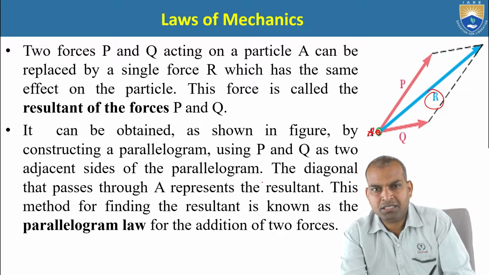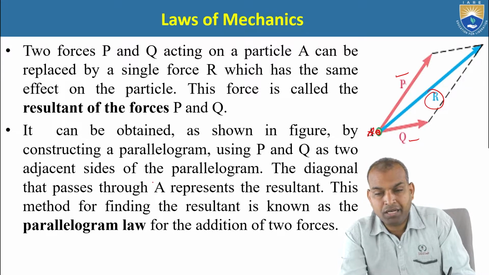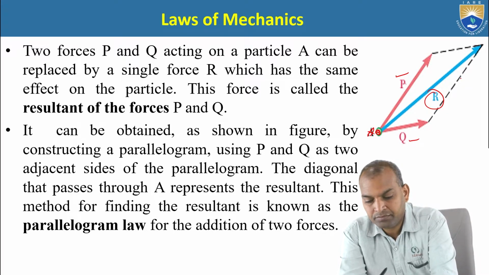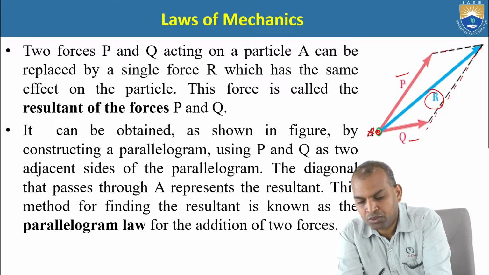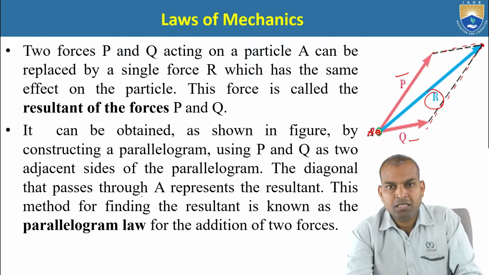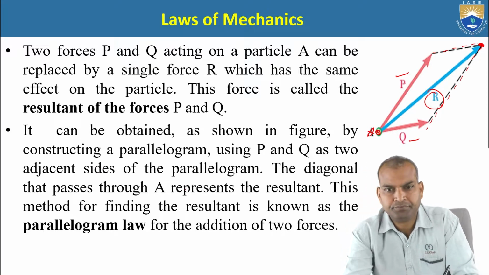How to draw this graphically? P and Q are known vectors. Draw a line parallel to P and draw a line parallel to vector Q. It intersects at another point.